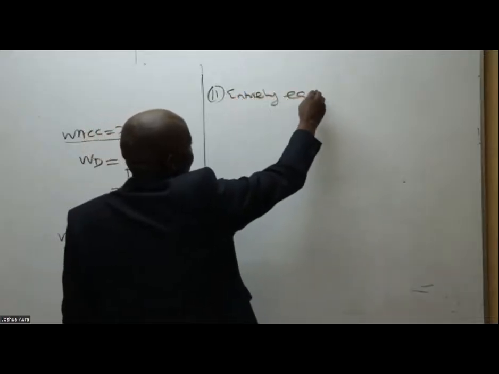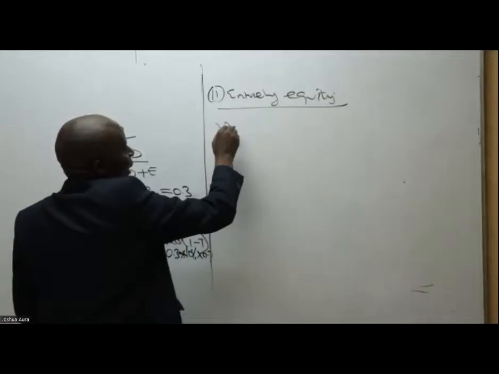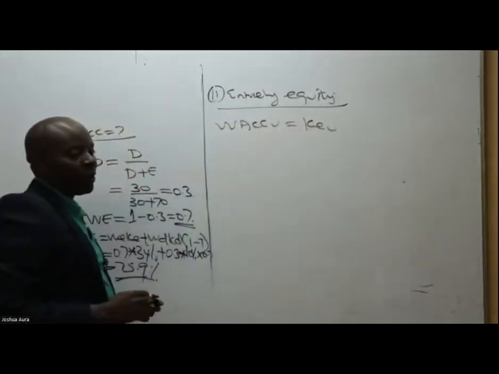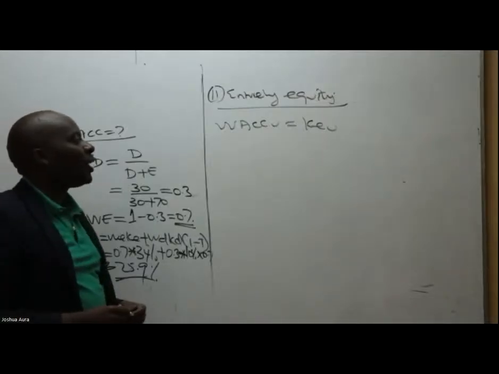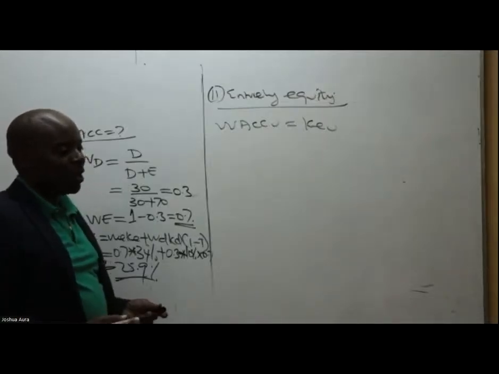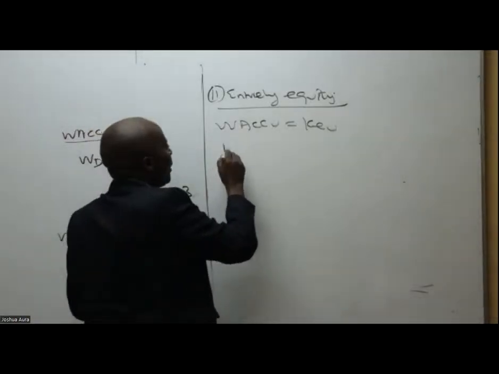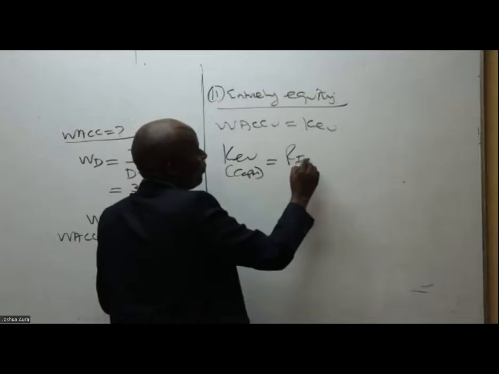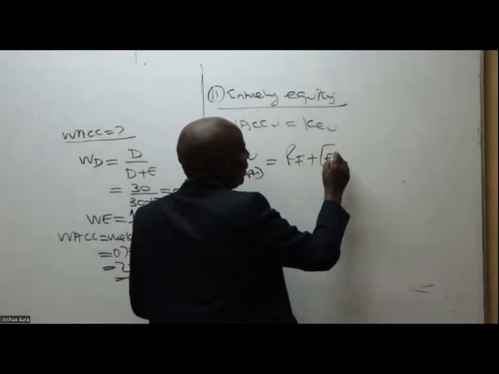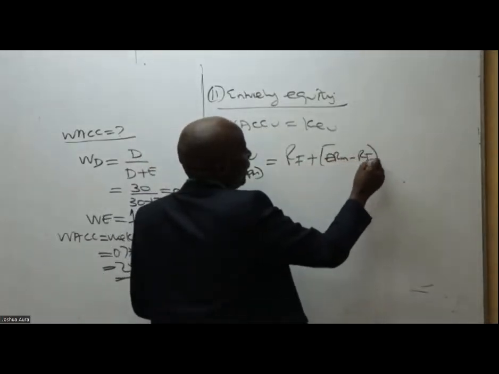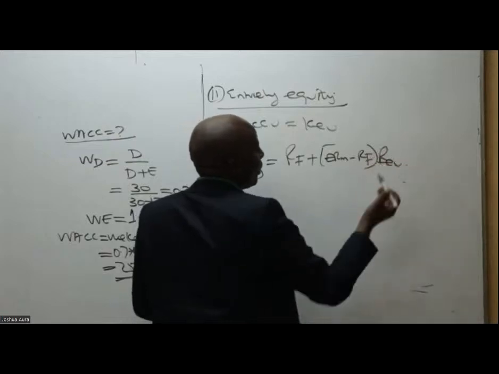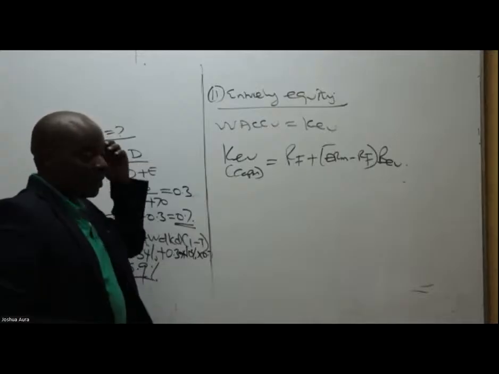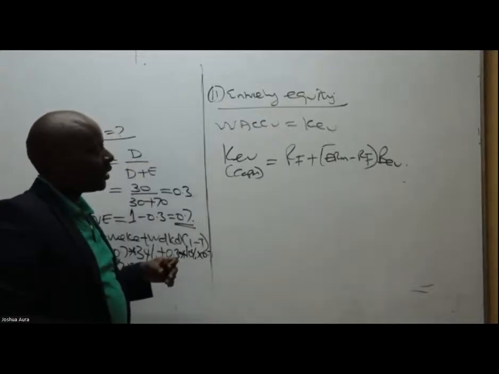Entirely equity, I know WACC of the unlevered firm equals Ke, the cost of equity. To get Ke is quite a simple thing. Using CAPM, I take the risk-free rate plus market return minus risk-free, multiplied by beta. I do not need a lot of workings here.